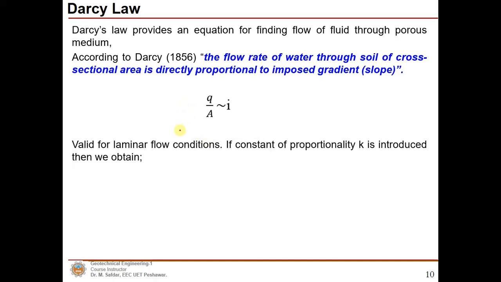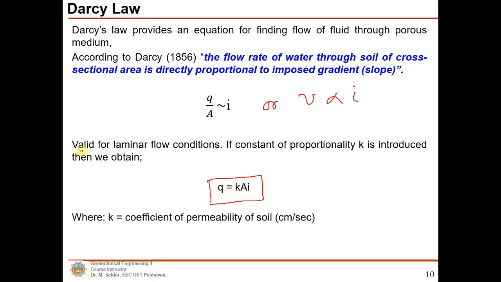According to Darcy, he stated that the flow rate per unit area is directly proportional to the hydraulic gradient, or we can also write in this form that the velocity is directly proportional to the hydraulic gradient, or the flow rate is directly proportional to the hydraulic gradient, and we can write that in this form, that Q is equal to kiA. Now Darcy's law is valid for laminar flow conditions, and that constant of proportionality k is the coefficient of permeability of soil, which can be measured in centimeter per second.